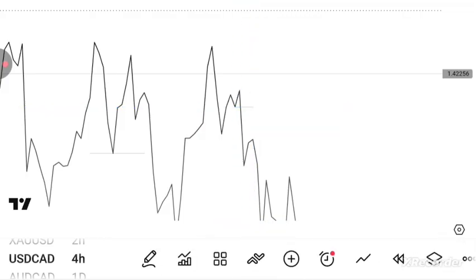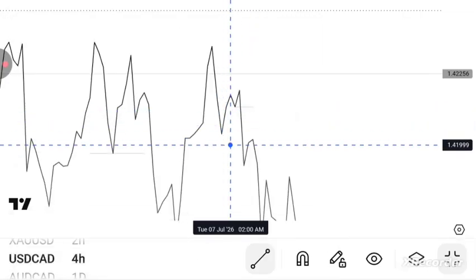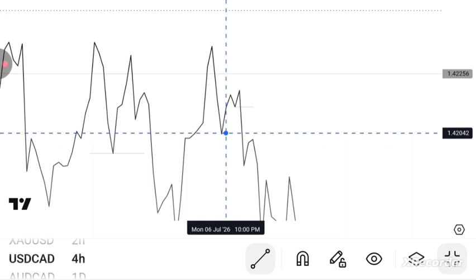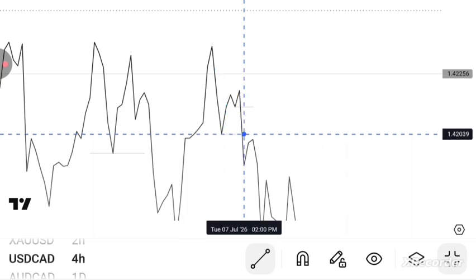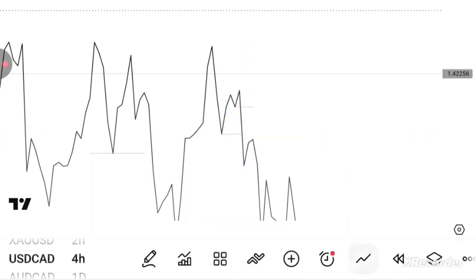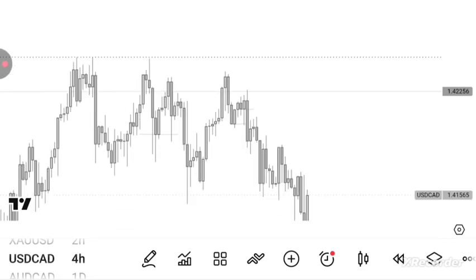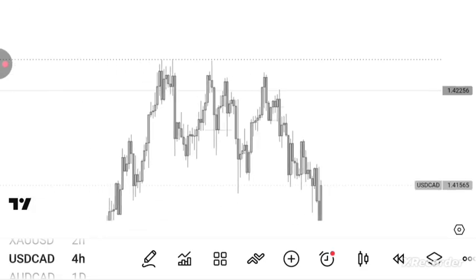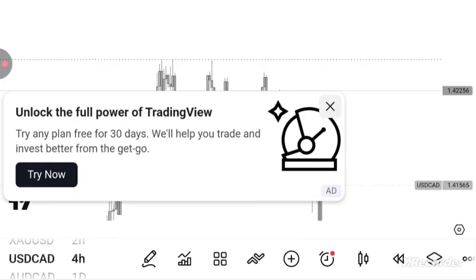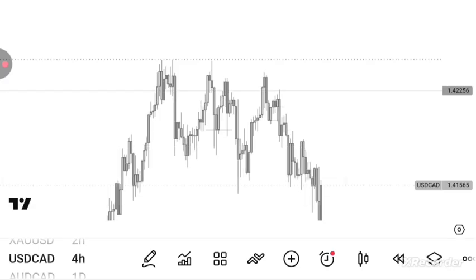Then second of all, we got another breakout from this particular level, right? So by price giving us all these things, we can now say that we are bearish, although we've not gotten an external breakout yet.